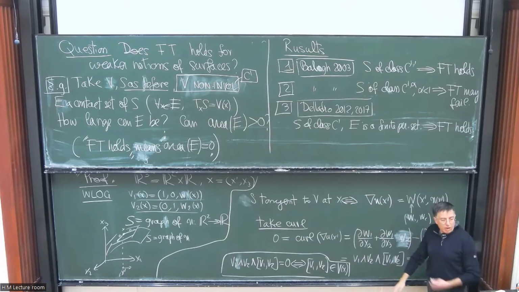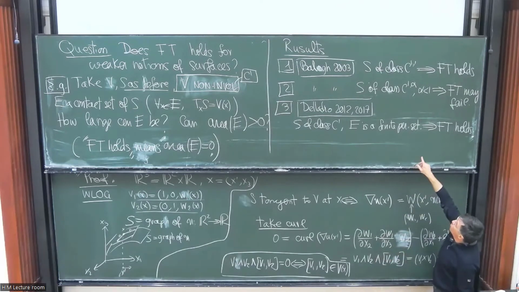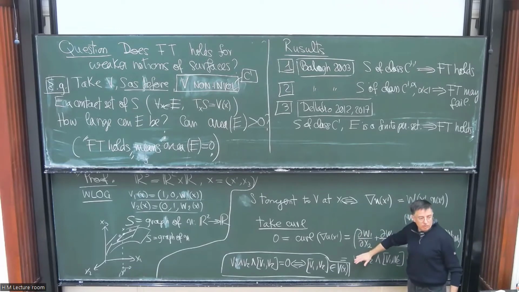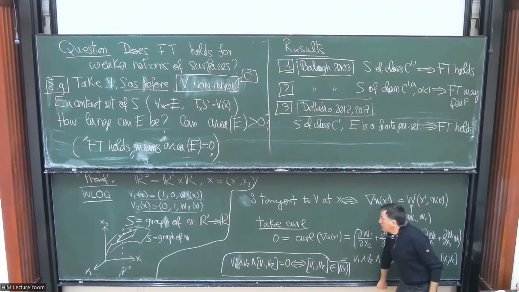I want to go through this proof again and see why C1,1 is okay and why C1,alpha is not okay. Where is the difference, at least? Where does the proof break down if u is of class C1,alpha.